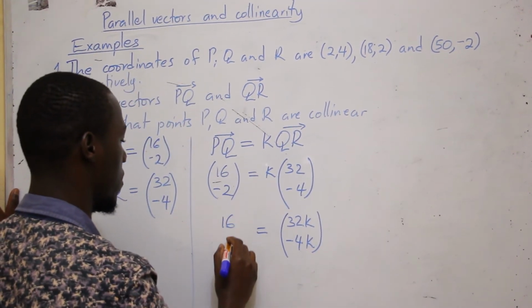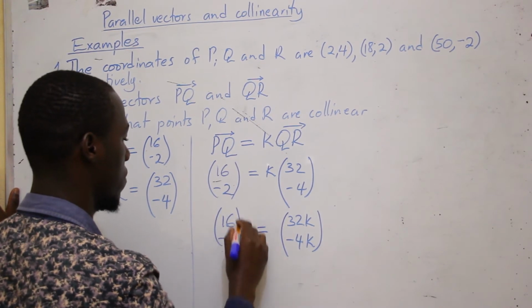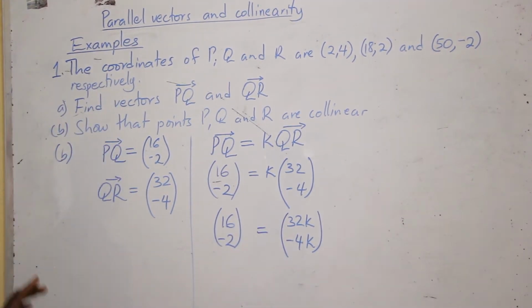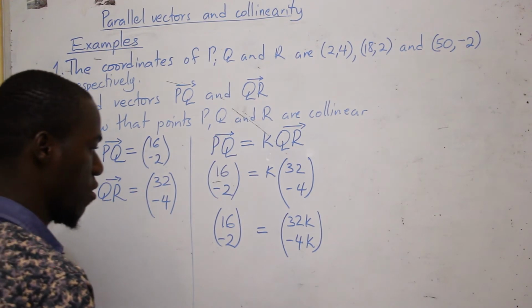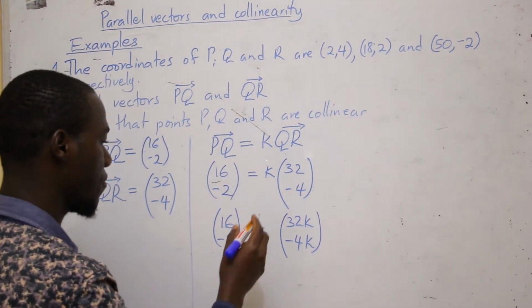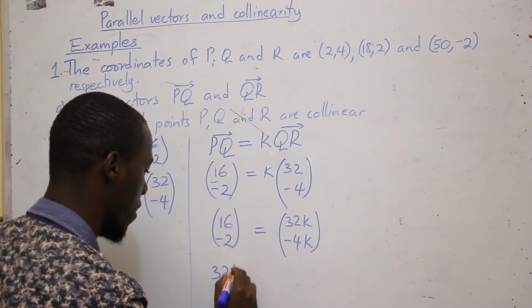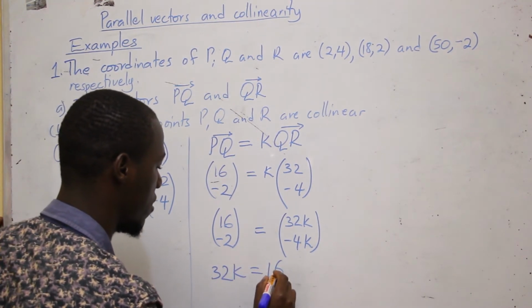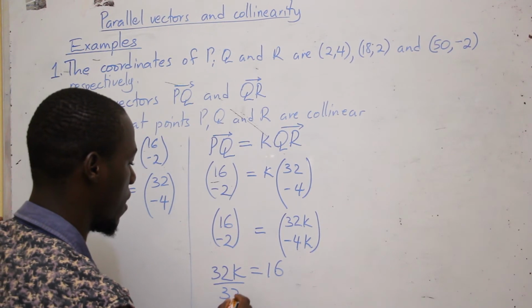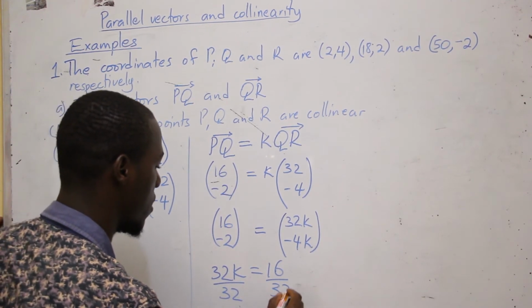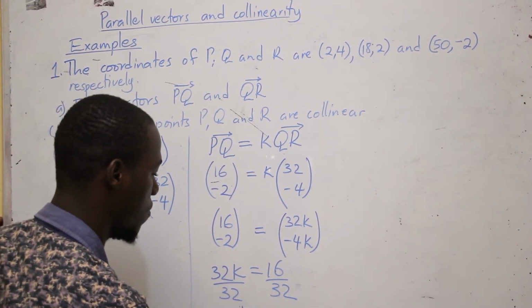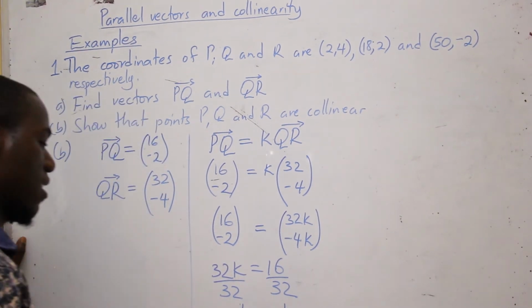This side is 16, negative 2. Then we talked about equal vectors. That means that 32k is equivalent to 16. So when I divide both sides by 32, I get my k value as a half.